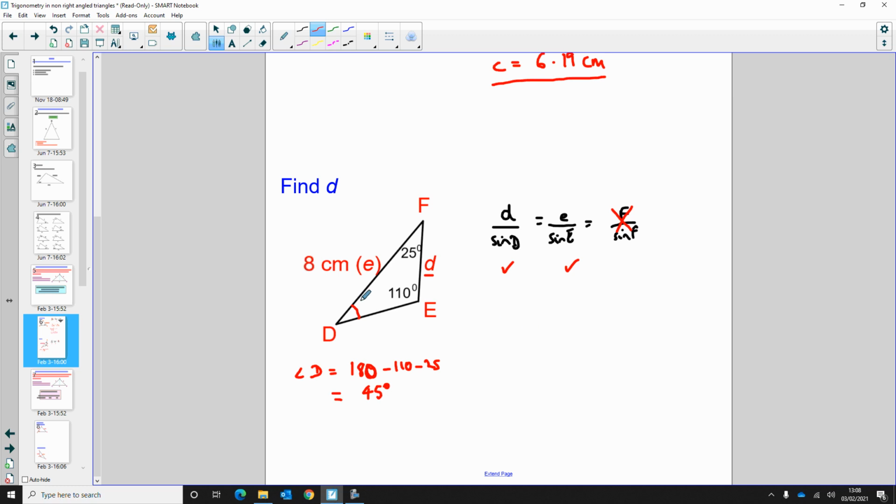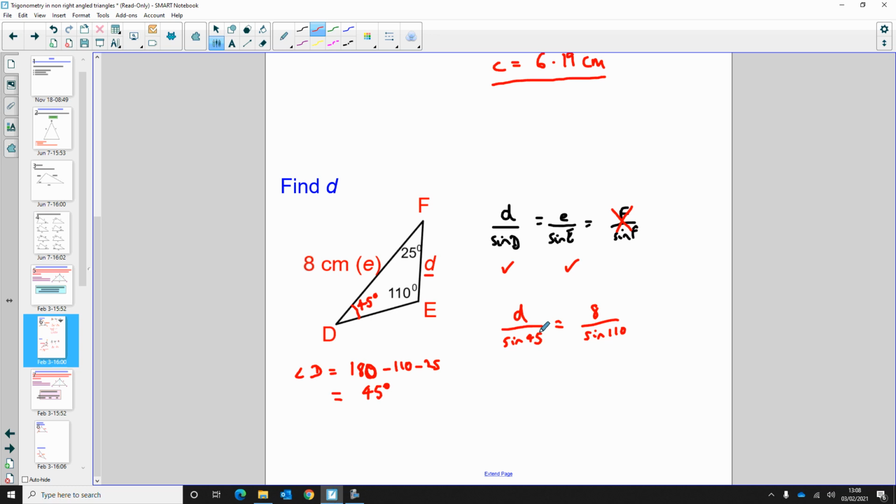So now I do have that information. Let's now sub in those parts. We know that the side d is what we're trying to find, and the angle D is 45, so sine 45. e is 8 centimeters, and the angle E is 110.